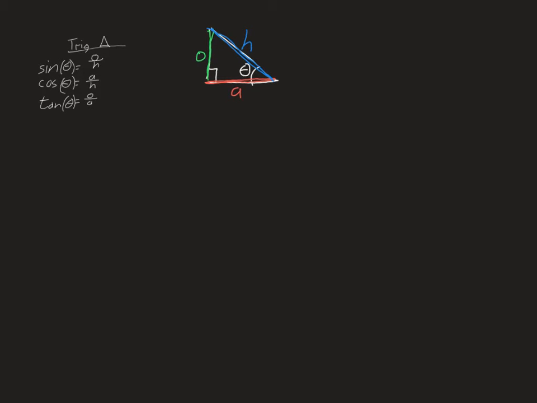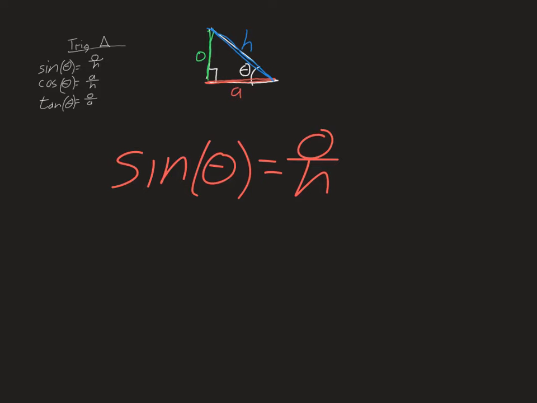Let's start with sine for our opposite side. And I'll write it in red so that we can see that. So sine of theta is equal to opposite over hypotenuse. Well, this is like any other math problem. All you'd have to really do is multiply both sides by what you want to move over and what will cancel it on one side.